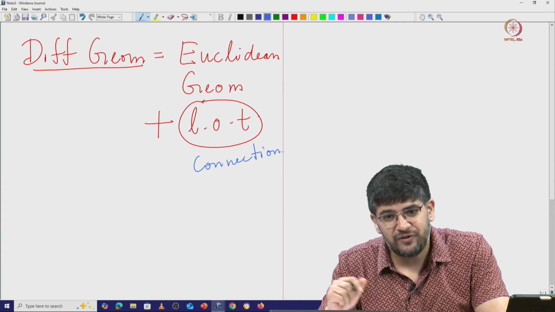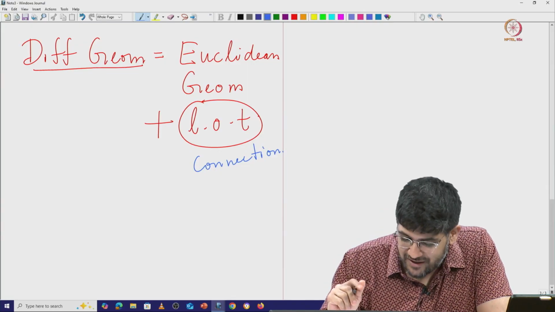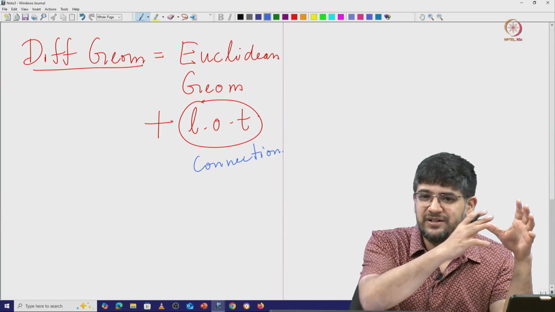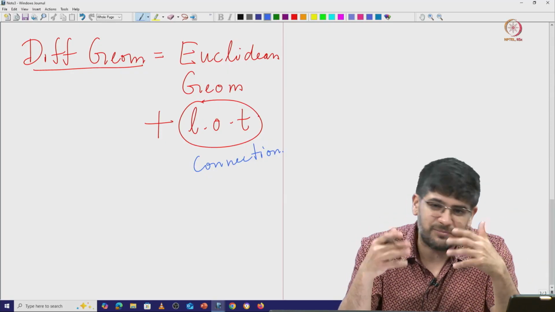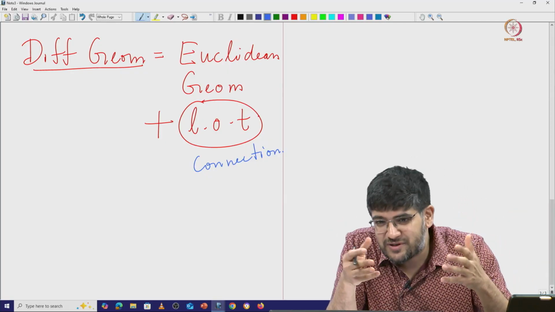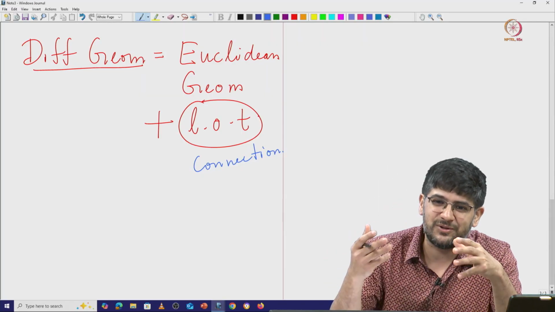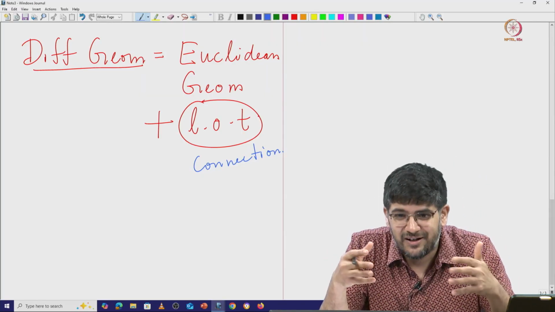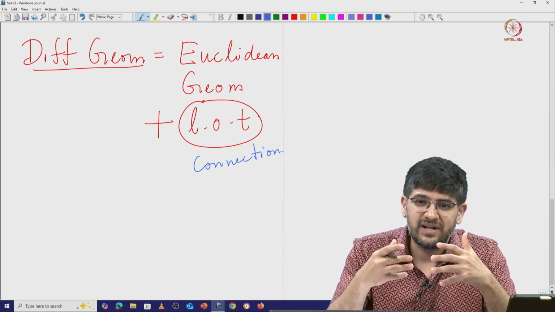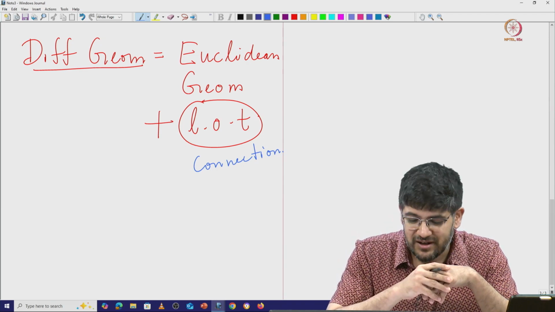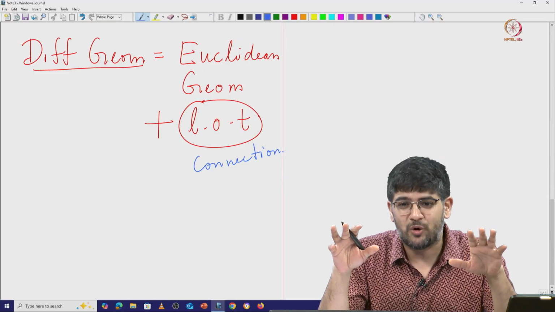Okay, and as it often happens in math, your motivation, the reason why you want to introduce a concept, is something else, but then when you study this concept, you study it using a very slick and modern looking definition. So that is what we are going to do. We are going to give a definition of connection which is completely coordinate independent.